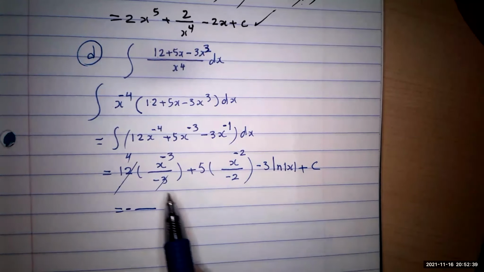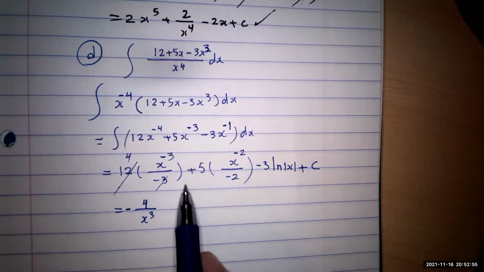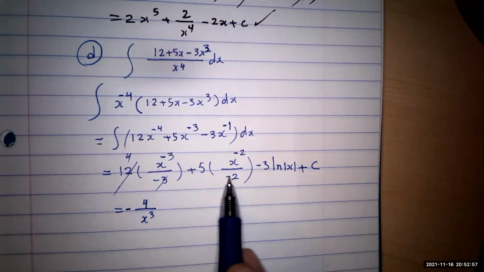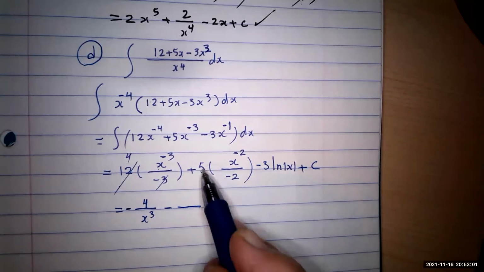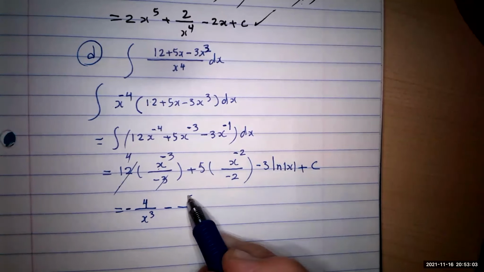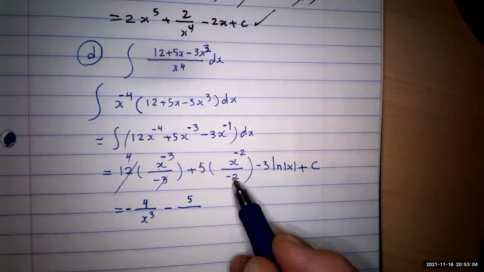Any question? Here we cannot simplify. The sign would be negative. The fraction on the top would be 5. Down the bottom would be 2 times x squared, because you bring the x to the negative 2 down. The rest are going to be just as is.